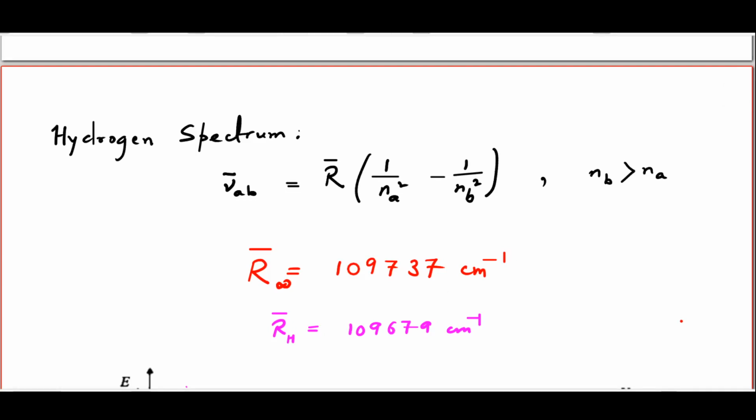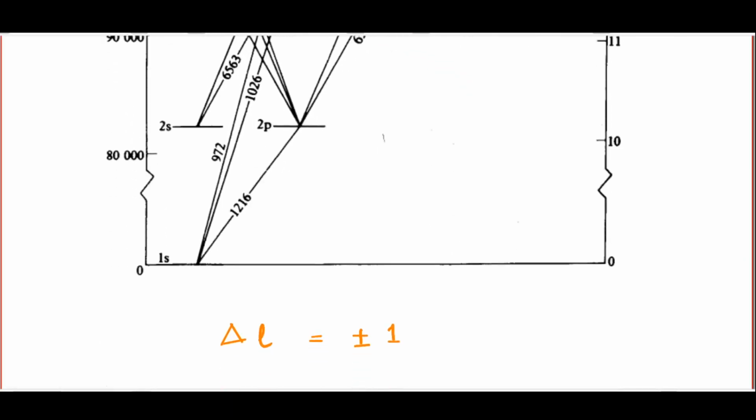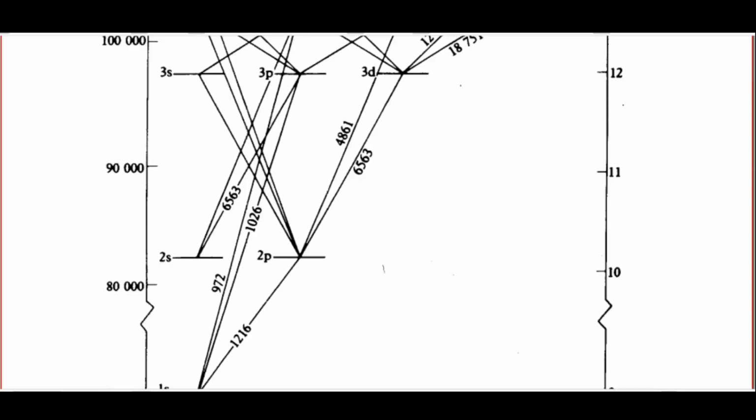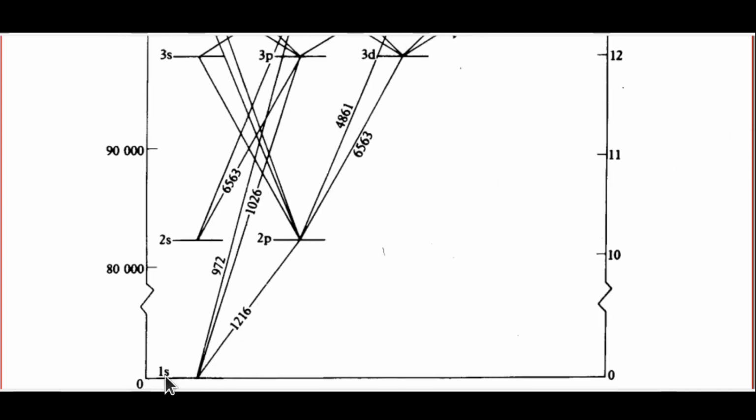Now you must have seen term level diagrams which look like this, which essentially expresses the energy difference between the 1s level, the lowest energy level of the hydrogen atom, to higher energy levels. There's a big gap here simply because without this gap, the scale would have been too difficult to show.